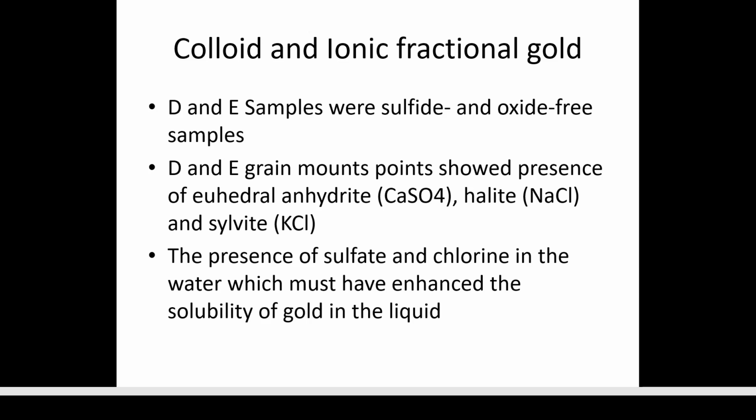Our XRD showed the presence of different euhedral anhydrite, halite, and sylvite. Therefore, there must have been a presence of sulfate or chlorine in the water, which could have enhanced the solubility of the gold in liquid. And this is why we're finding these different minerals forming in these mounts.